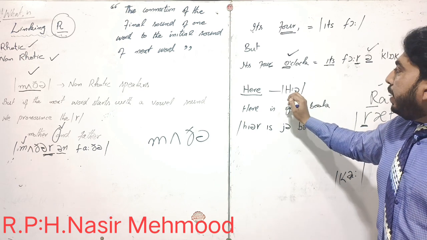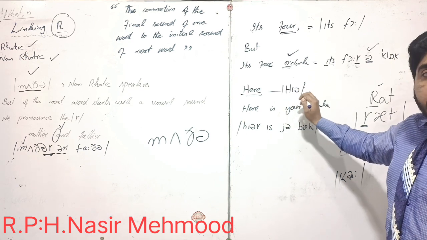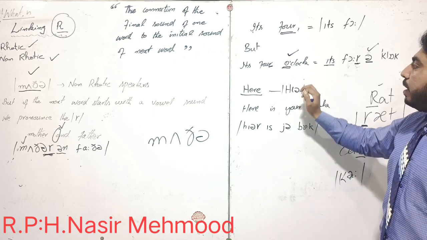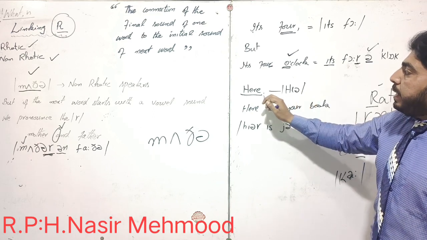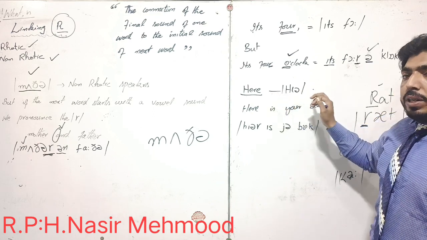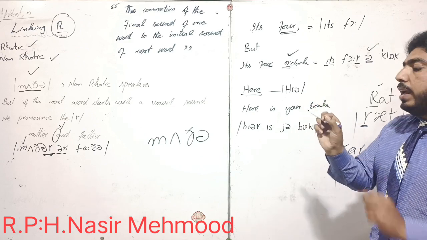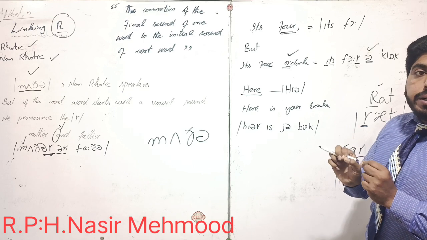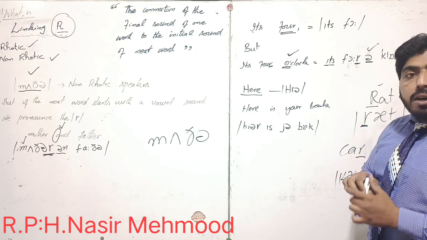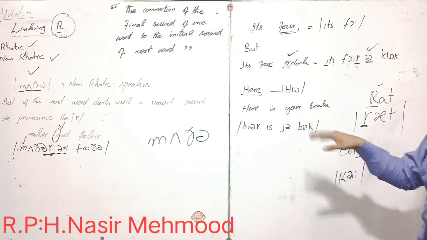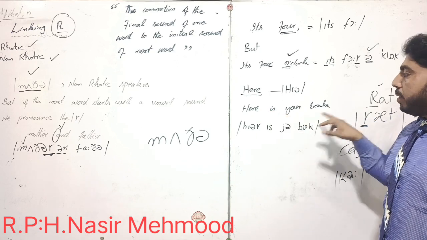Another example is here. In isolated form we will pronounce here. Why? Because this is the diphthong ear. So when it is connected with the next word, and if the next word starts with a vowel sound, then linking R will appear. With the help of linking R, we will connect these two words. For example, here is your book.